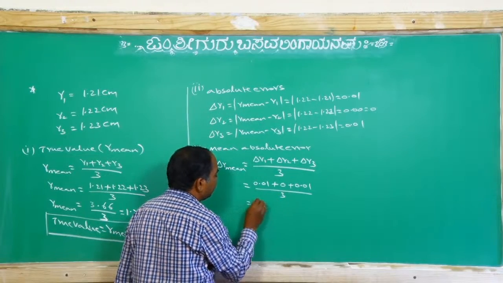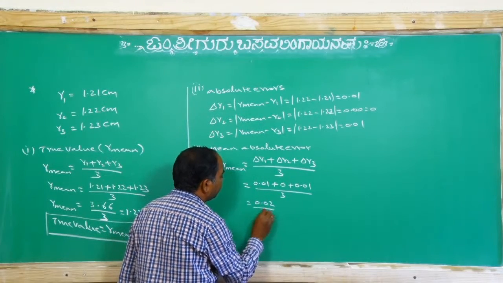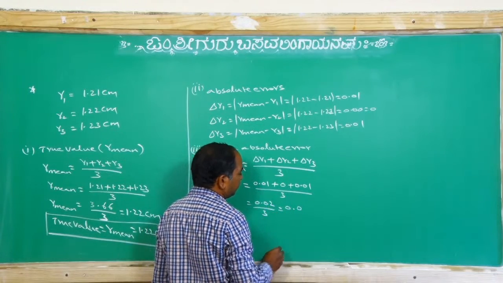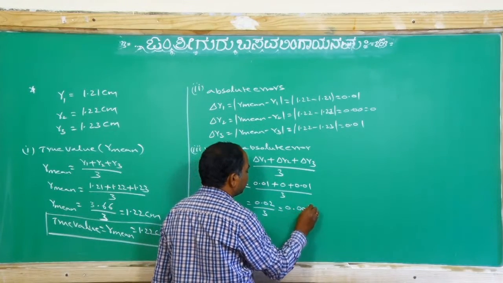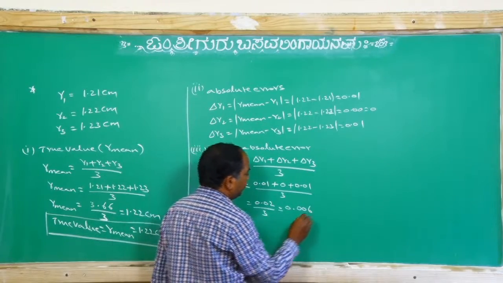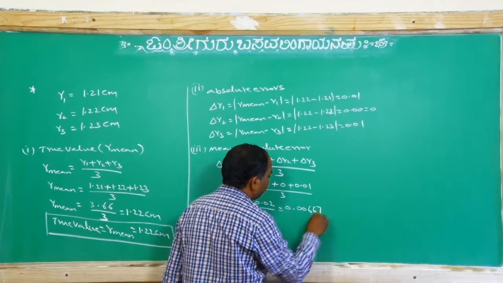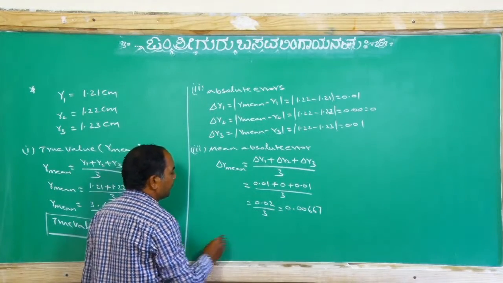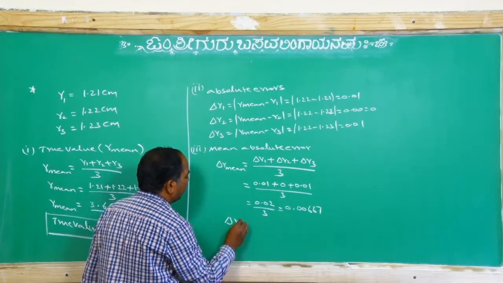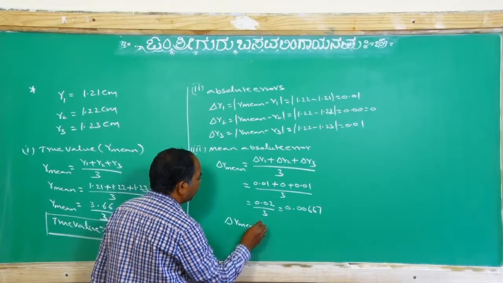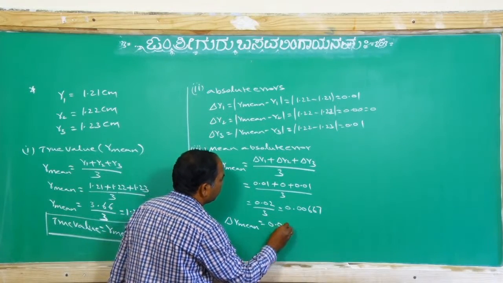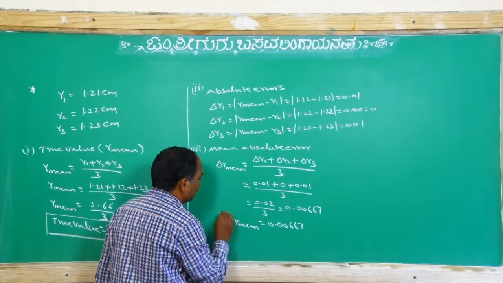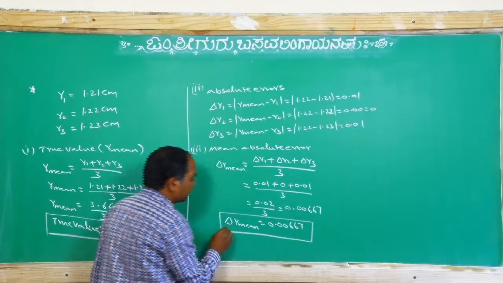That is 0.02 divided by 3, which is 0.00667. So delta R mean is the mean absolute error. We are considering this many digits.